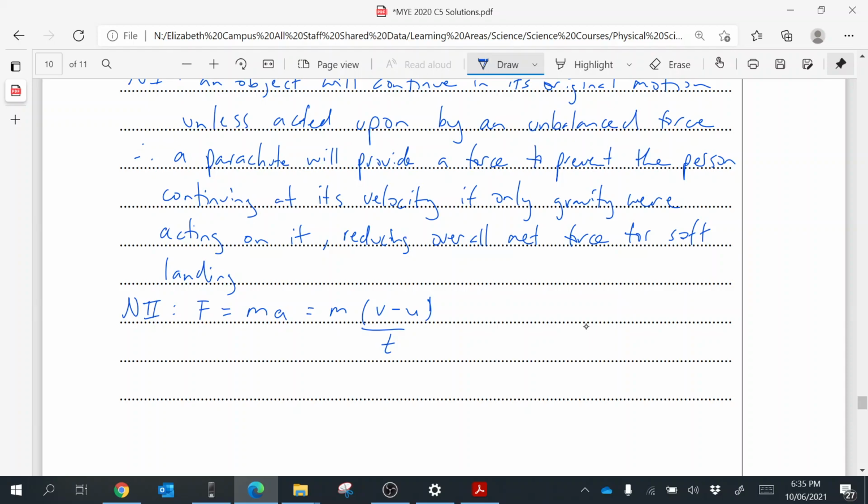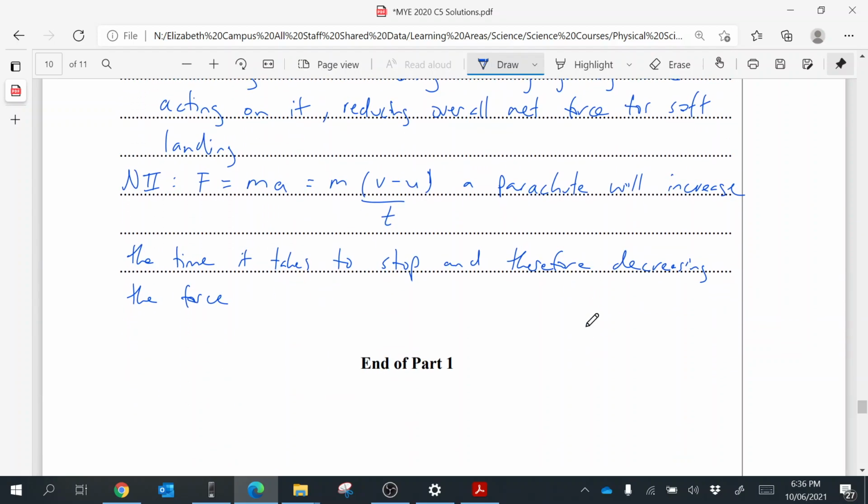How would we apply this? I would say that a parachute will increase the time it takes to stop, and therefore decrease the overall force, decreasing the force of impact.